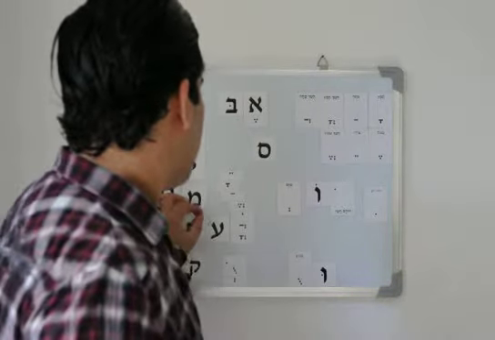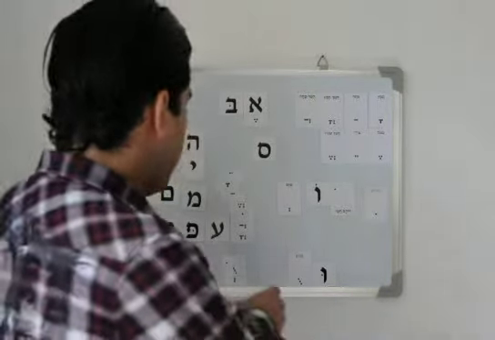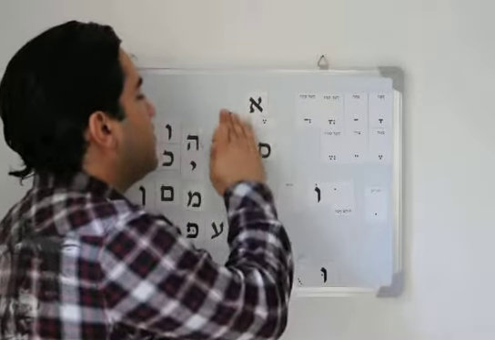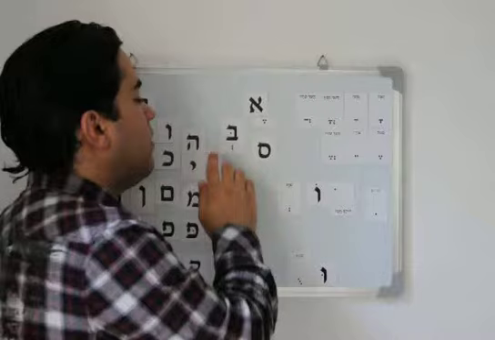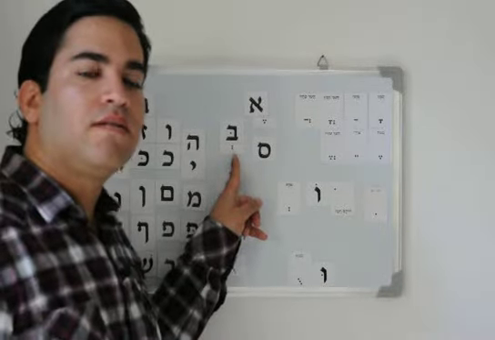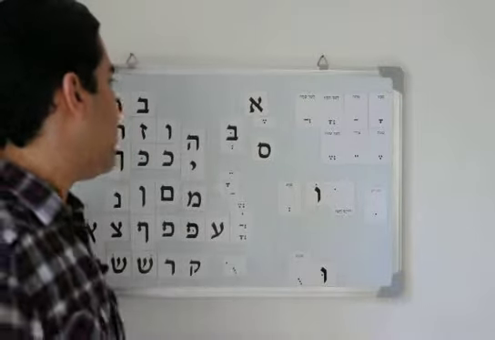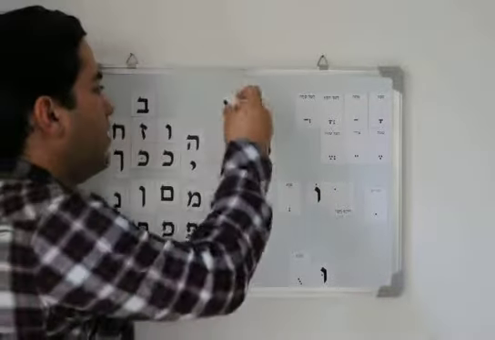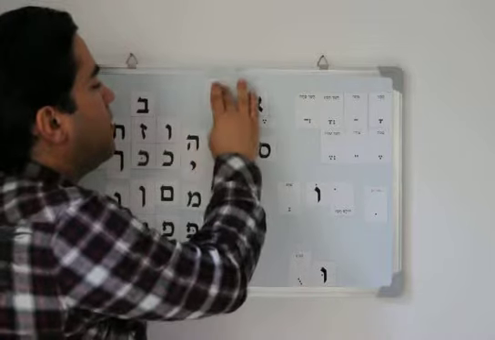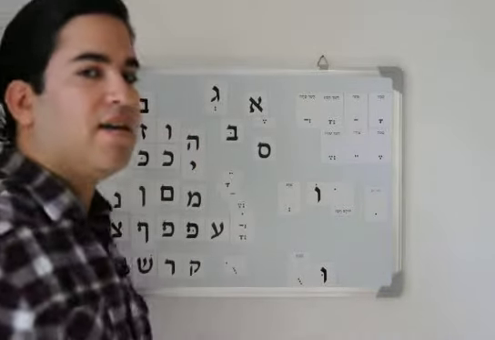If I take this Bet and put Shva on the bottom of it, it sounds B. If I take, for example, the letter Gimel and I put the Shva, it also sounds G.